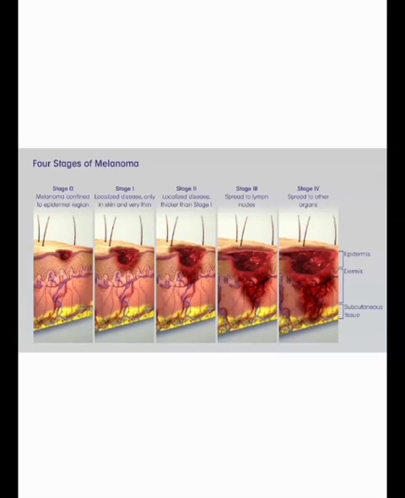Regarding the stages of melanoma, in stage 0, melanoma is confined to the epidermal region. In stage 1, it is localized, only in the skin and very thin. In stage 2, it is a localized disease and thicker than stage 1.